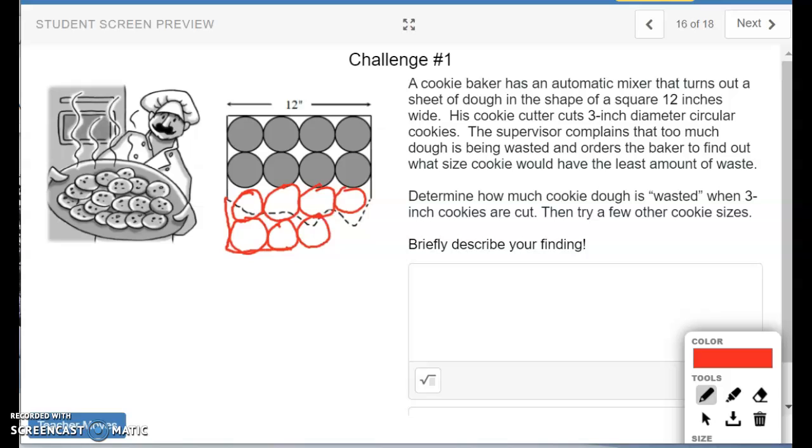If I have a 3-inch diameter circular cookie cutter, that means this is going to be 3 inches, 3 inches, 3 inches, 3 inches. So you are going to be able to fit 4 by 4, so 16 cookies. So this is going to be 3-inch cookies. And that's going to create how many cookies? That's going to be 16 cookies.